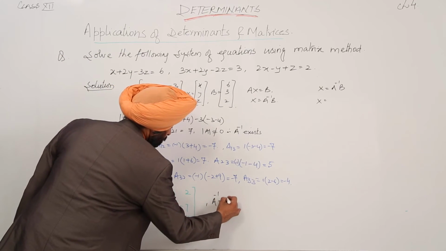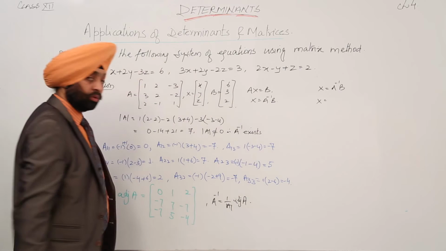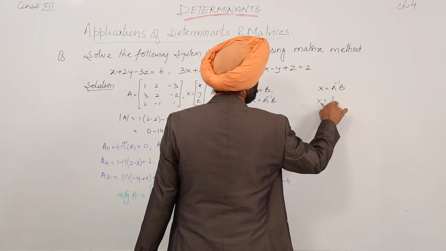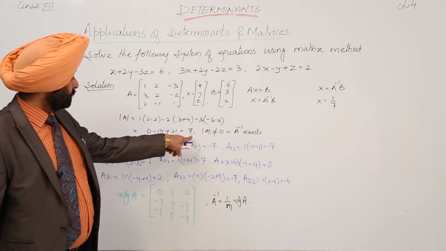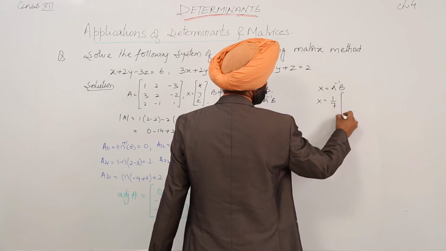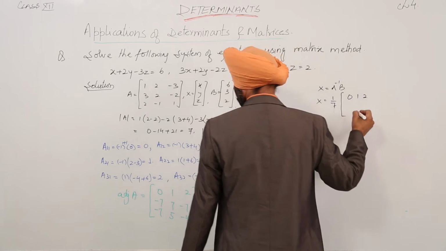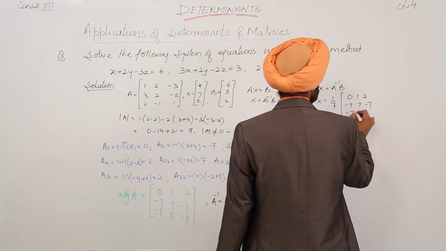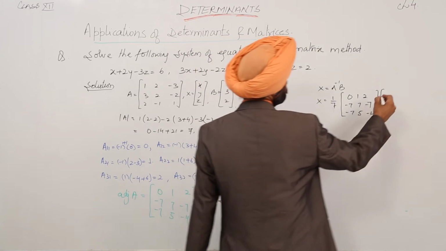A inverse is equal to 1 upon determinant of A with adjoint A. So we are having 1 upon 7, because the determinant is 7, then the adjoint: 0, 1, 2, minus 7, 7, minus 7, and minus 7, 5, minus 4, with B, which is 6, 3, 2.